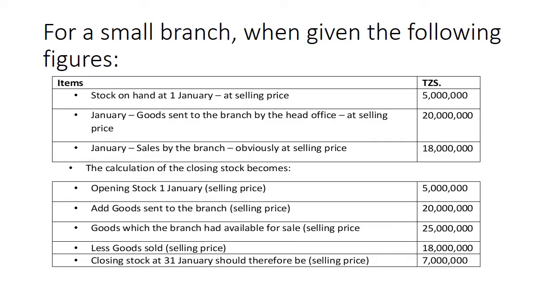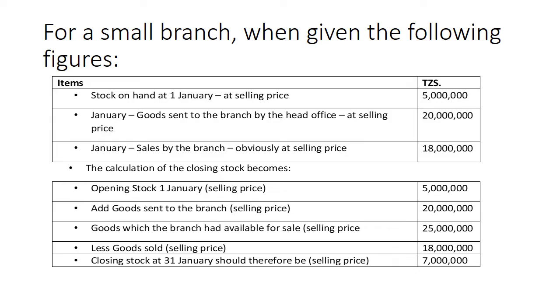So the calculation of closing stock becomes very easy, because we take opening stock at January at selling price, which is 5 million. We add goods sent to the branch at selling price, also 20 million. So goods available for sale at the branch, at selling price, will be 25 million.